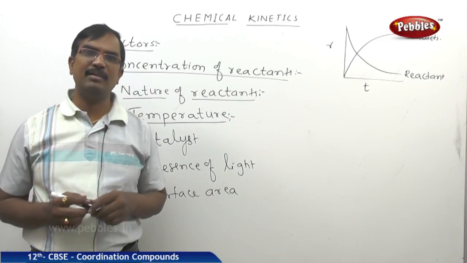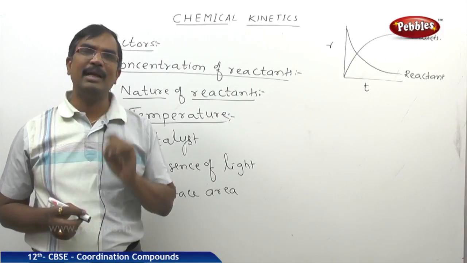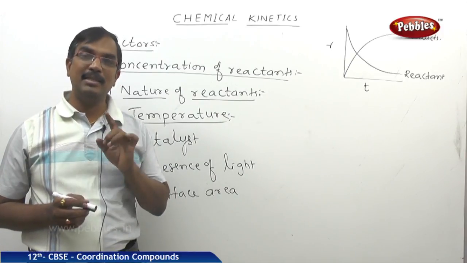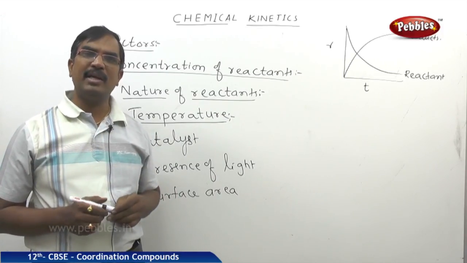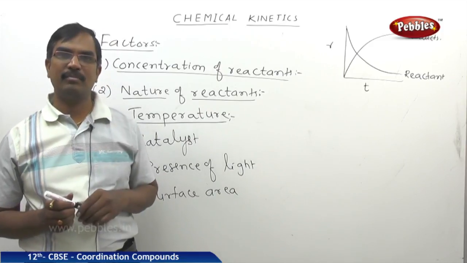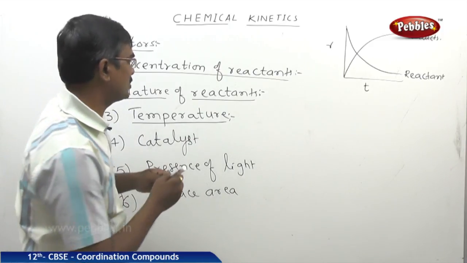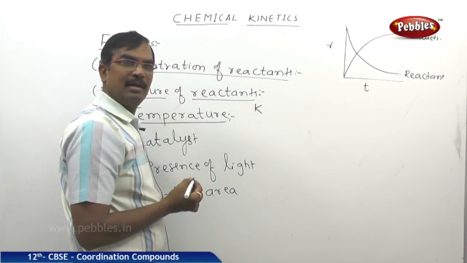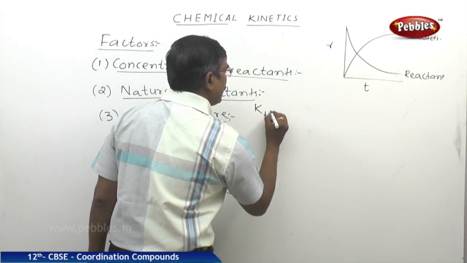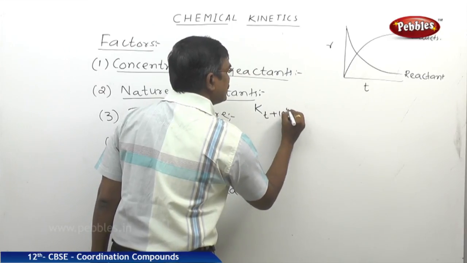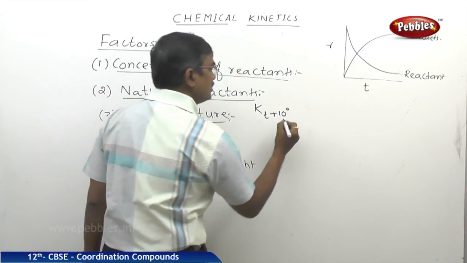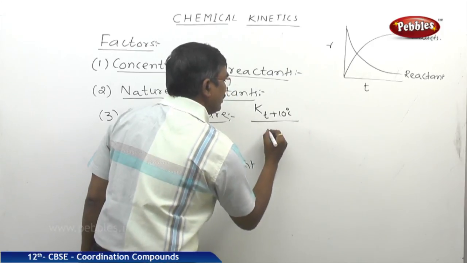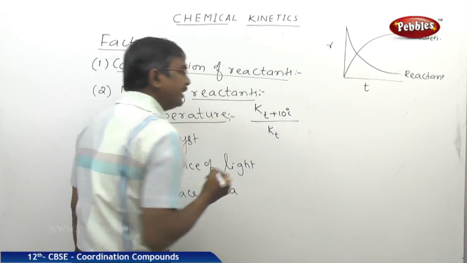It is also observed that for every 10 degrees rise in temperature, the rate of reaction gets doubled. So if you take the specific rate of a chemical reaction, which is K, at a temperature of T plus 10 degrees Celsius, divided by the one at T degrees Celsius.